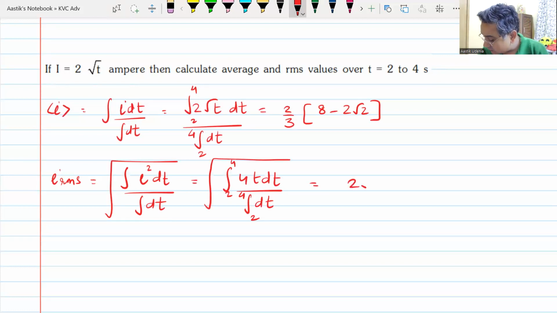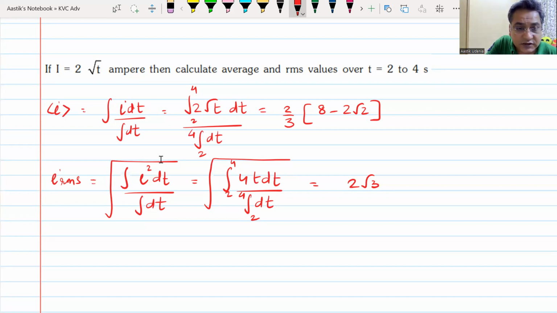If you do this, what I have as the answer is 2 root 3. If you get this, it's okay. Do you understand this? Yes, sir. Have you noted this down? Done, sir.